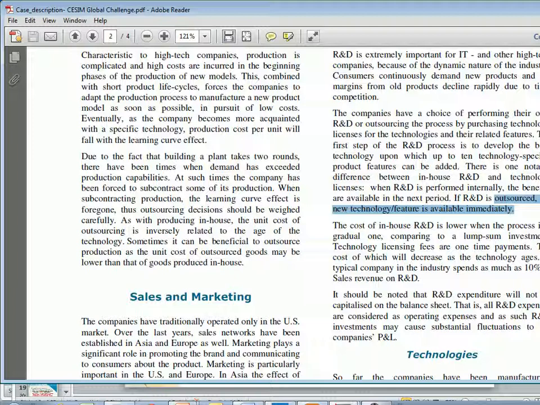And I'll give you an example. I'm going to use chicken. I like food, so I'm going to use chicken. So in a company like KFC, or your house, you have the choice of either making your own chicken, which is performing your own R&D, or basically you can purchase it. So why would you make your own chicken?